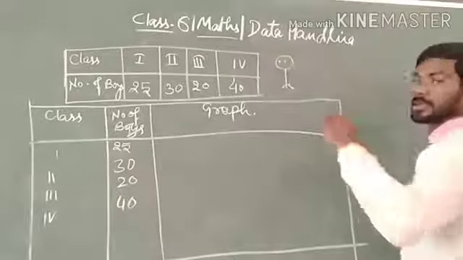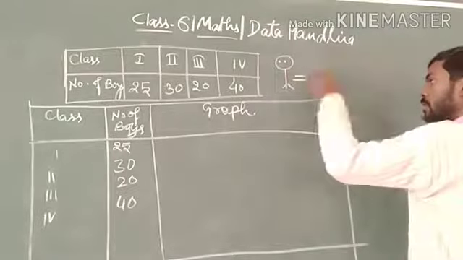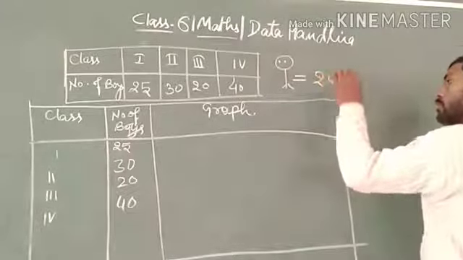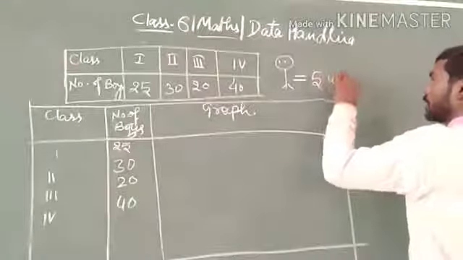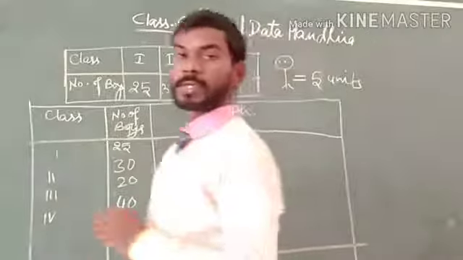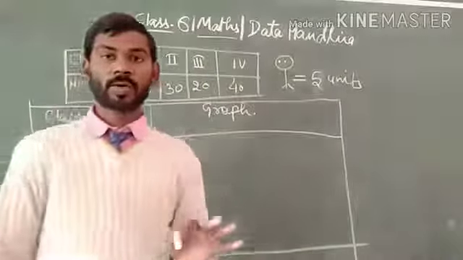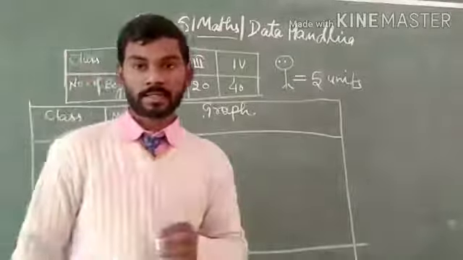This represents number of boys and 1 is equal to 5 units, and the scale is like this: one picture will represent 5 boys.